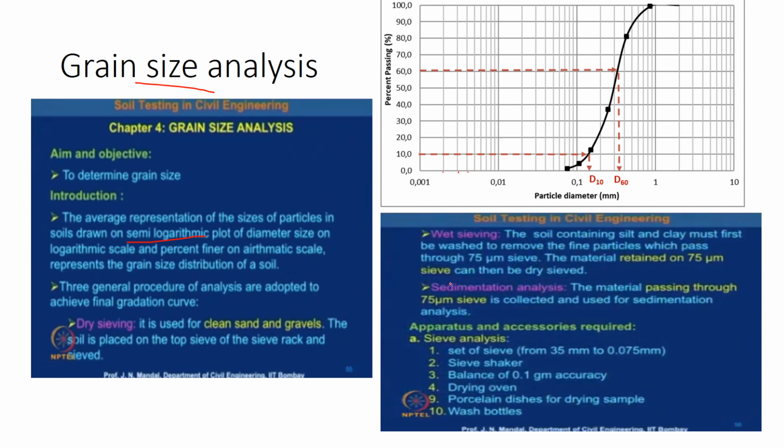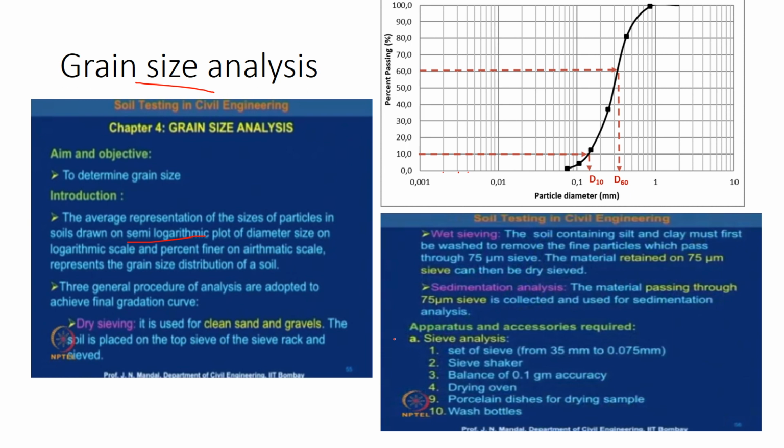After 24 hours, place a 75 micron sieve on a bucket and wash the soil on the 75 micron sieve very well.